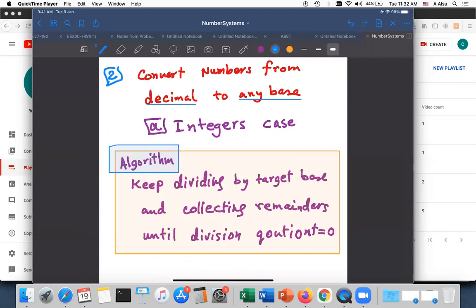We just keep dividing by the target base. If you want to convert your decimal to binary, for example, you keep dividing by 2 until you get a quotient of 0, and you keep a record of the remainders, which will constitute your number in the target base.